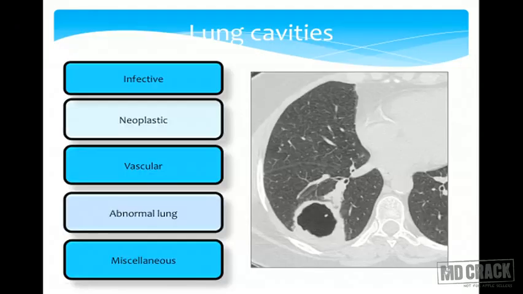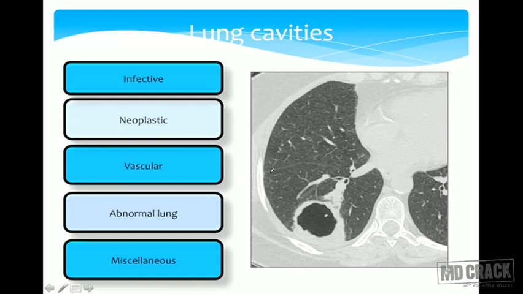Talking about cavities, the causes can be infective, like tuberculosis, or neoplastic. You can have vascular causes, or an abnormal lung, which is cystic bronchiectasis, or any other lung cavities.